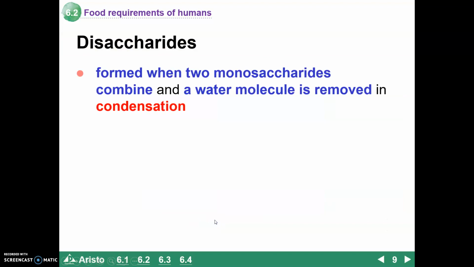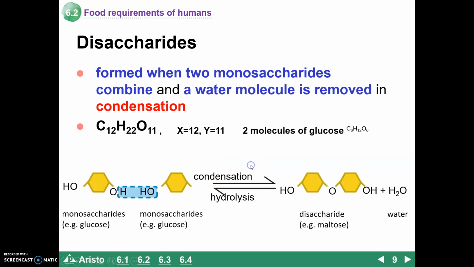Also to remind you, what you learned in Form 3 is not hydrolysis. What you learned in Form 3 is the opposite, the condensation reaction. Condensation reaction and hydrolysis are in opposite directions. Hydrolysis is catabolism and condensation is anabolism, building up reaction and breaking down reaction.